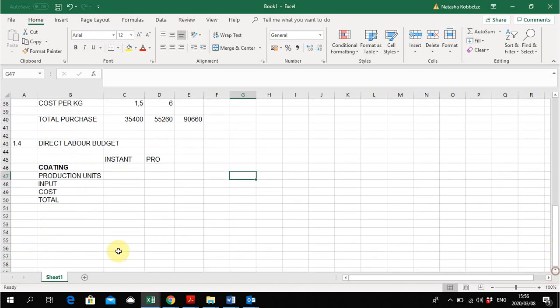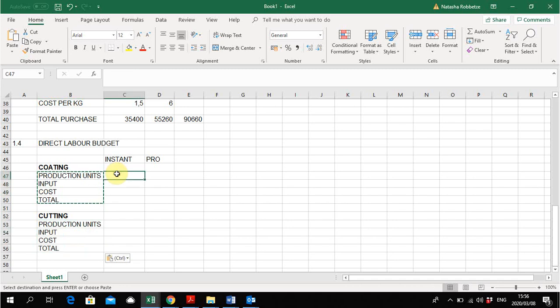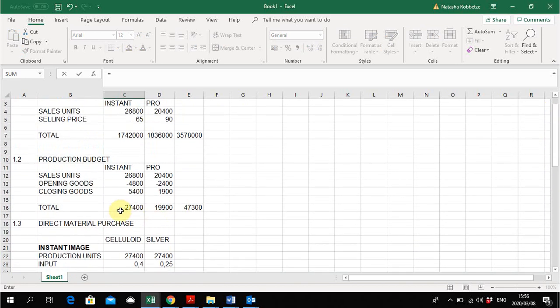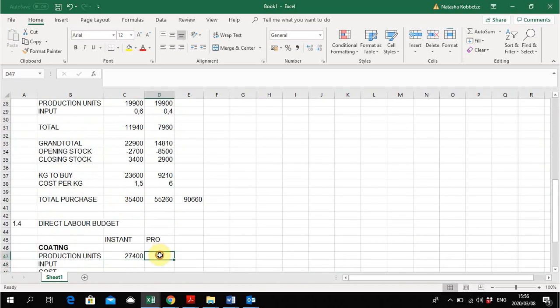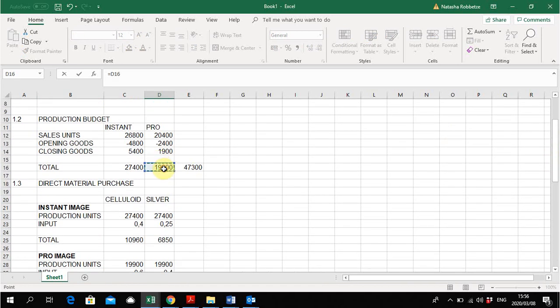And I will also have a department for cutting. And I will just repeat that layout. For the instant, the number of production units was 27,400, and for the Pro it was 19,900.